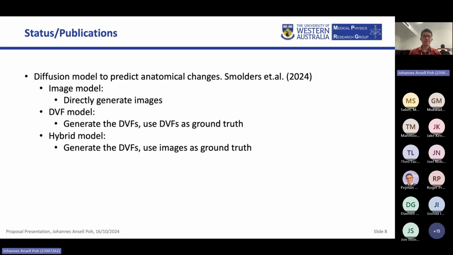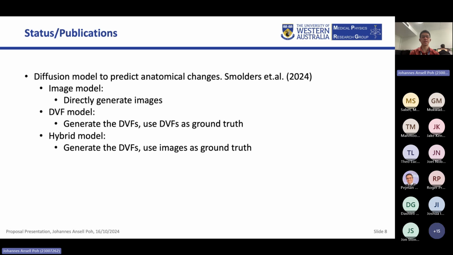There's also a paper that discusses different approaches of using a diffusion model to predict anatomical changes. They use this model to predict anatomical changes between CBCT, between fractions in radiotherapy.